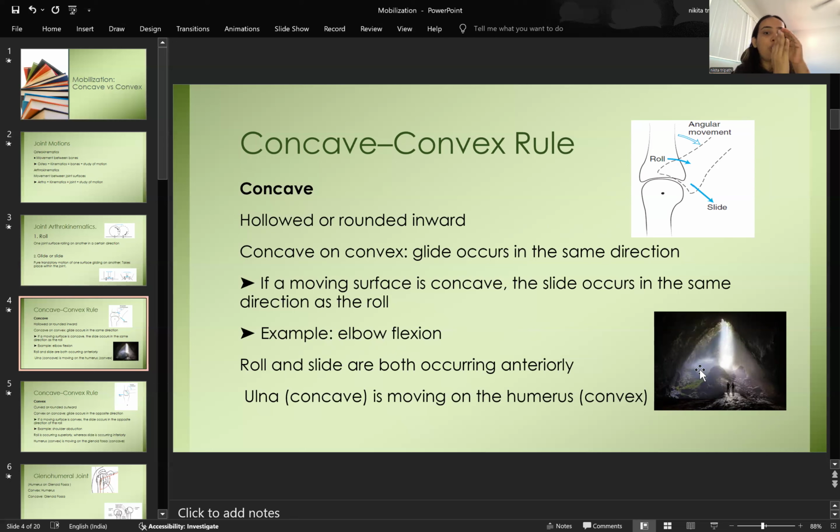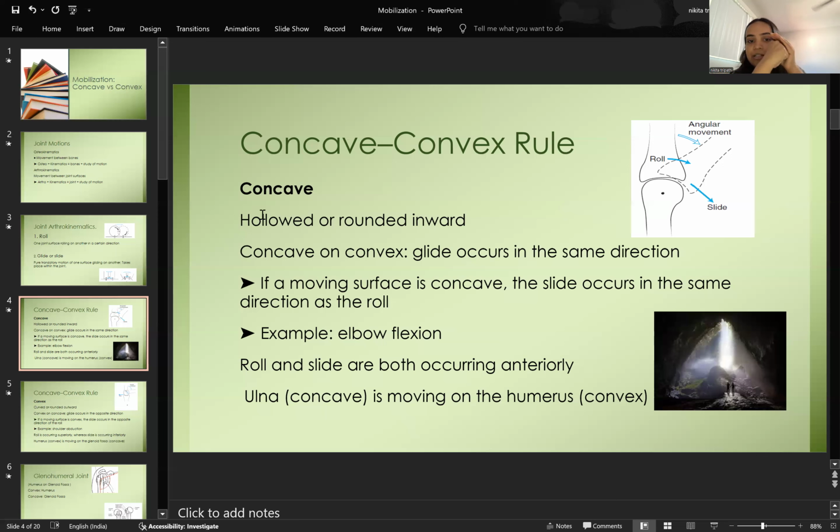The depression, hollow or rounded inward surface is concave, and the opposite of concave is convex. So first we learn what happens if a concave surface is in the movement process. This is convex, the opposite of concave.